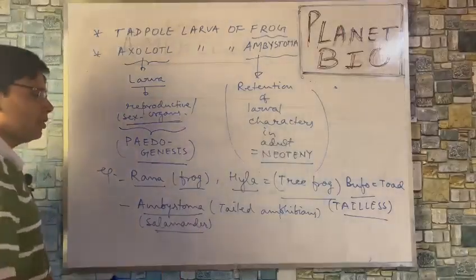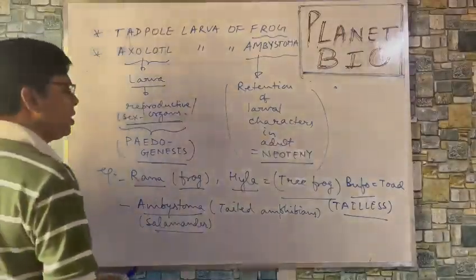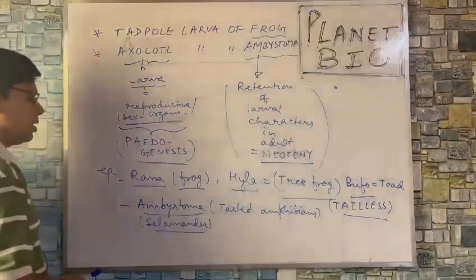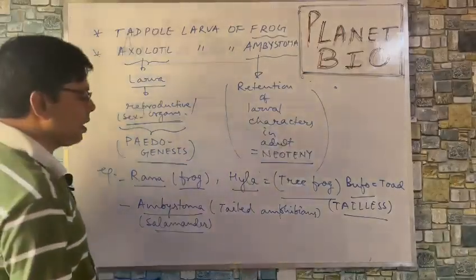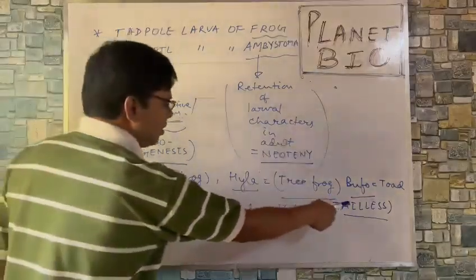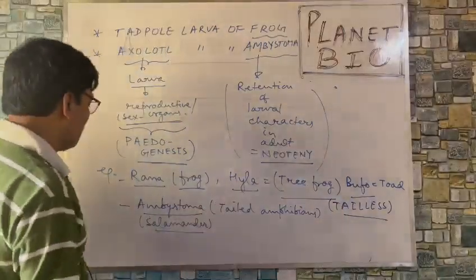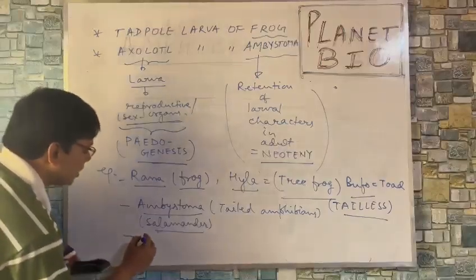It has a long tail, appearing like a reptile. So you can see the diagram given in the NCERT textbook. Amphibia, salamander, that is a tailed amphibian. Adults have tail. Here, adults don't have tail. Rana, Hyla.